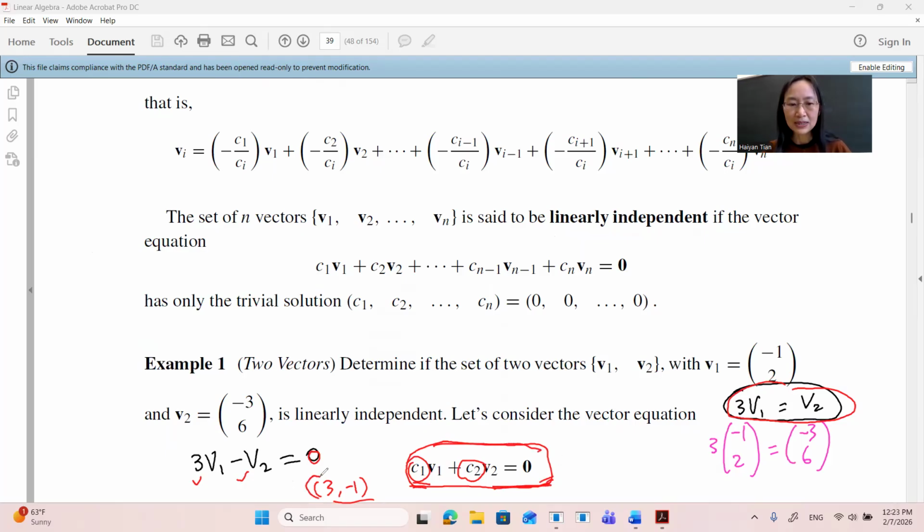So this is a non-trivial solution to the homogeneous system. By definition, if there are solutions more than the trivial solution, then it's not linearly independent.